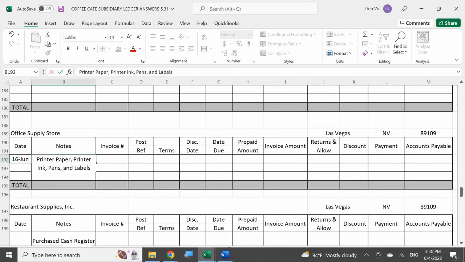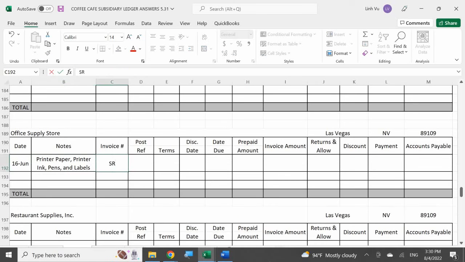And then we don't have the invoice number, but we have a sales receipt number, which is 110-7413. It's on page General Journal 5.